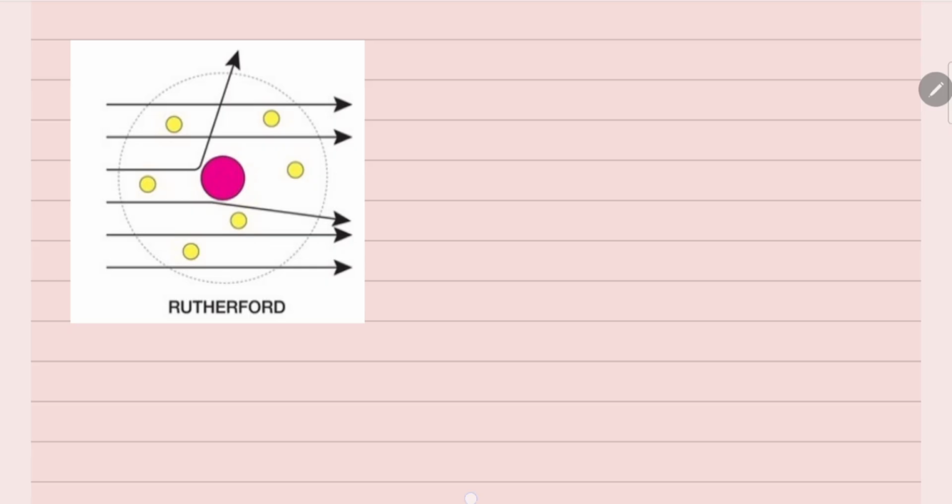So it was like that. There was an atom of gold, and most of these alpha particles were undeflected.